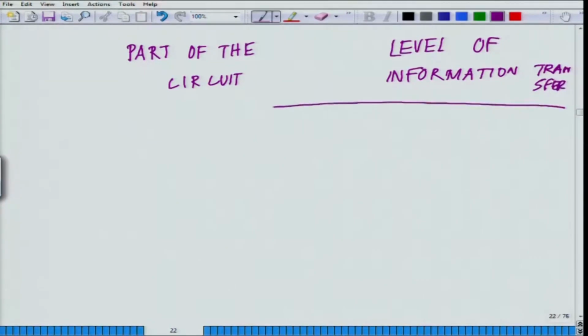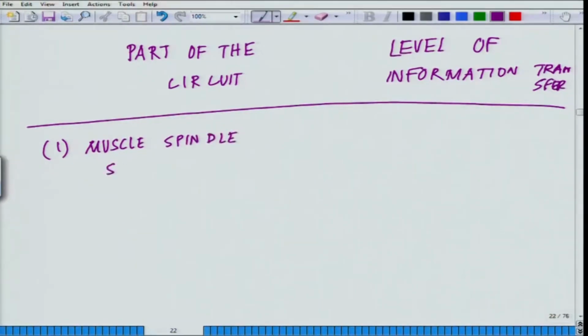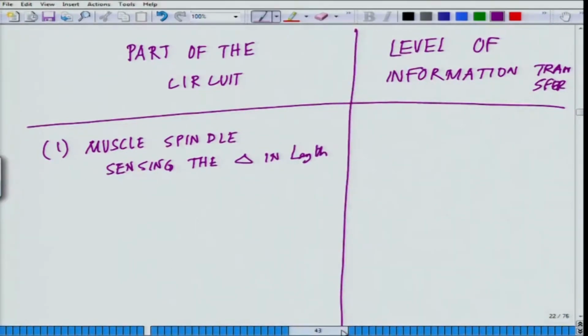Okay. So, the first level is the muscle spindle sensing the change in length. Okay. Information 1.